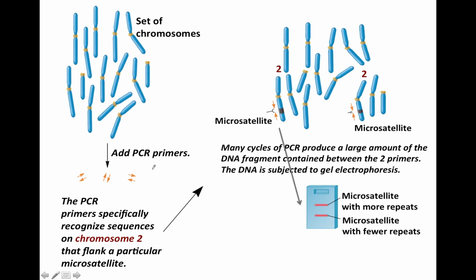When you have a set of chromosomes and you add PCR primers that are specific for just one locus on, for example, chromosome 2, those primers are going to stick to the DNA, the same locus on chromosome number 2, and flank this microsatellite. When you perform the polymerase chain reaction and run the products out on a gel, the long microsatellite will give you a big PCR product, and the shorter microsatellite on the other chromosome will give you a shorter PCR product. It has fewer repeats.